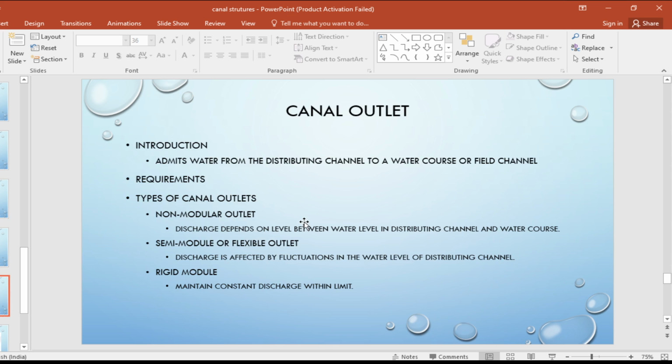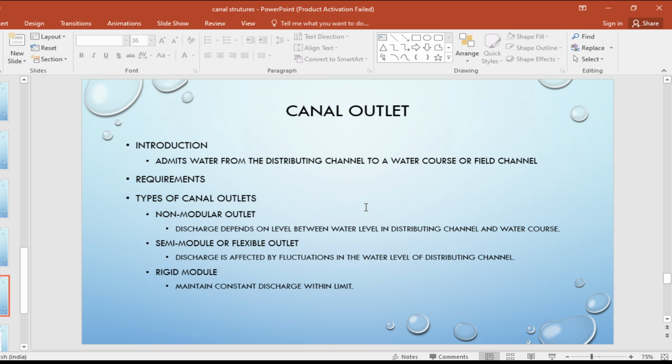So a canal outlet is nothing but the outlet which admits the water from the distributing channel to the water course. When this outlet is closed by the farmer, then ultimately the distributing channel will overflow. So at that condition the canal escape will work. I hope you understood what a canal outlet is. Simply, it is an outlet directly to the field, the field channel.